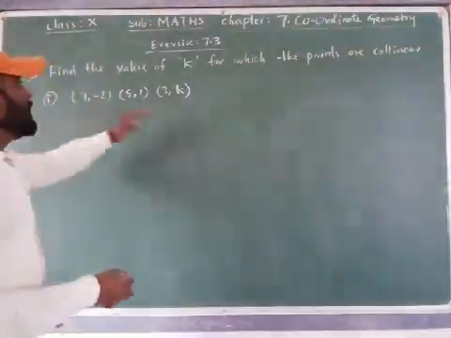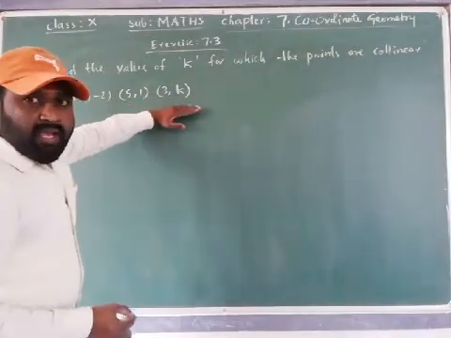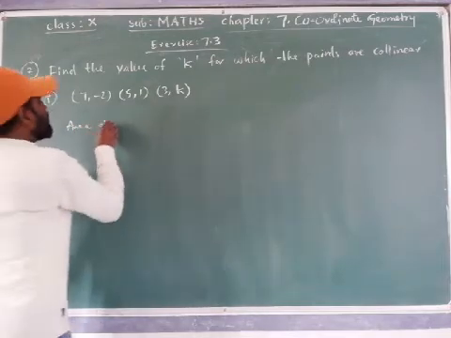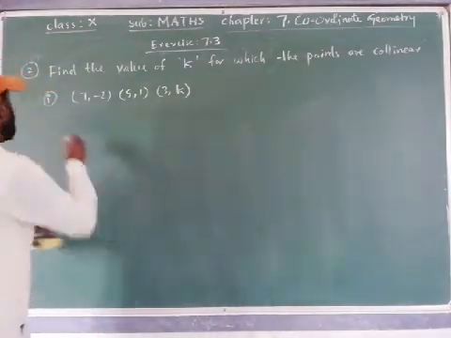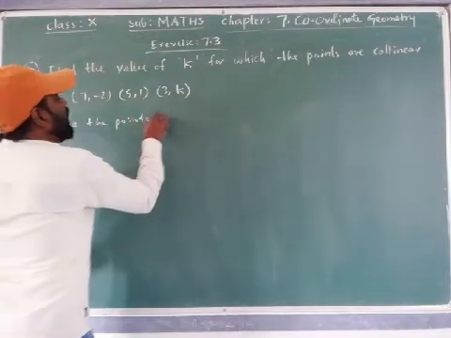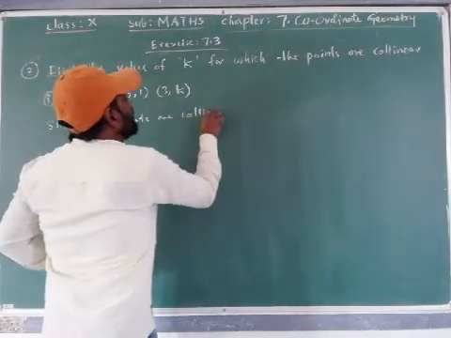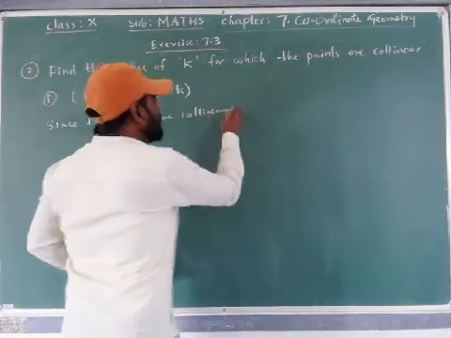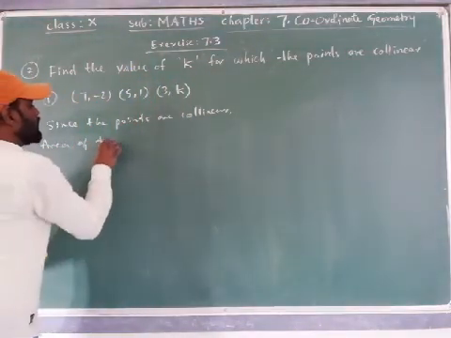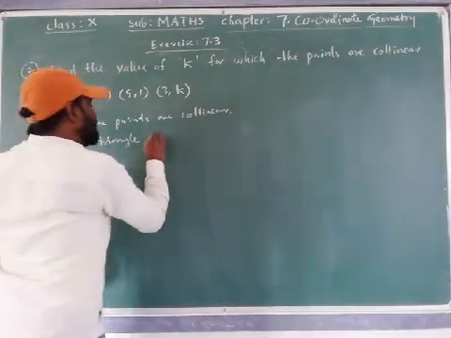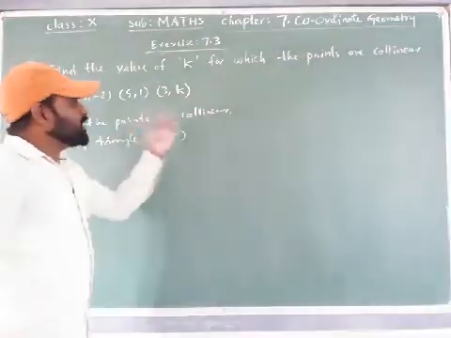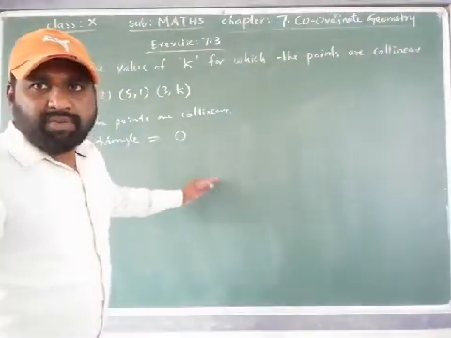Let us find that. Now, as these points are collinear, the area of the triangle will be 0. But the area of the triangle formed by the 3 points, we just used in the previous question.